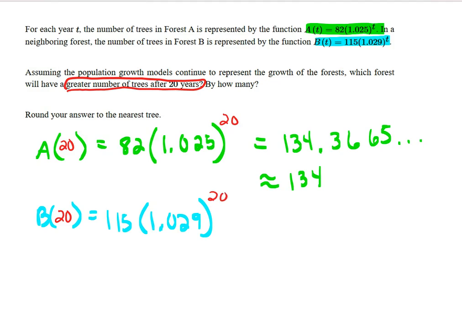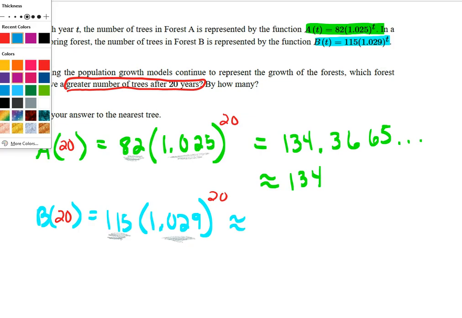And I can already tell you that it's going to be Forest B, because not only is this number here larger than that one, but the 1.029 is larger than the 1.025, and you're raising it to a power of 20. So you're taking a larger number to the same power of 20 and then multiplying it times a bigger number, 115, than 82.